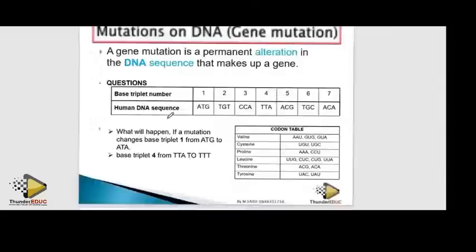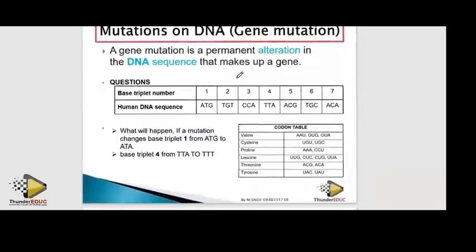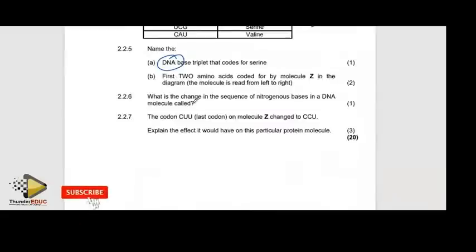So if you go here, it's automatically answered. The mutation is a permanent alteration of the DNA sequence that makes up a gene. The question asked the change in the sequence of nitrogenous bases, how is it called? It is gene mutation.